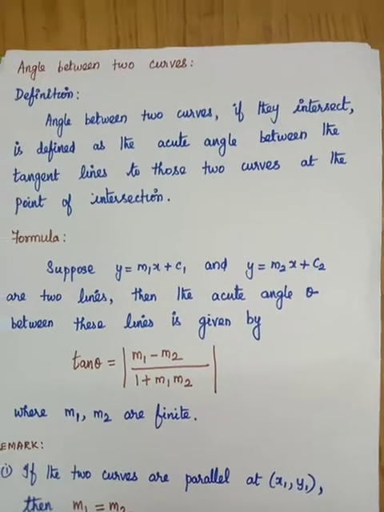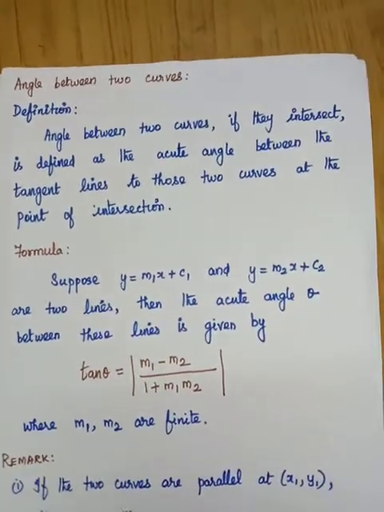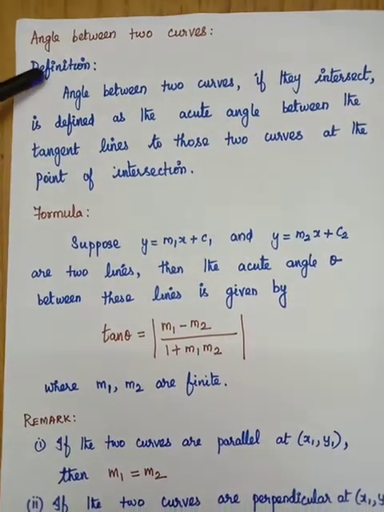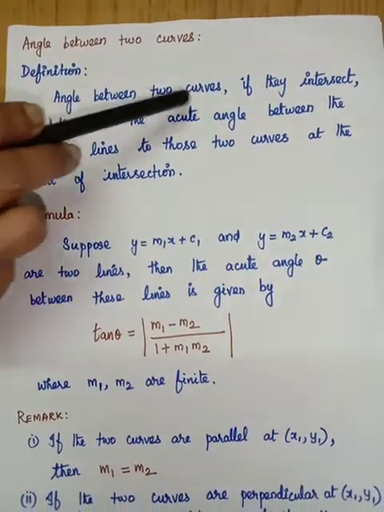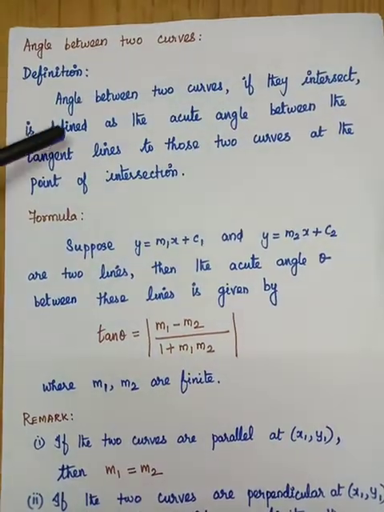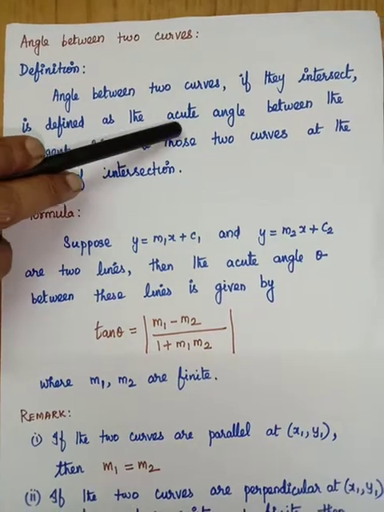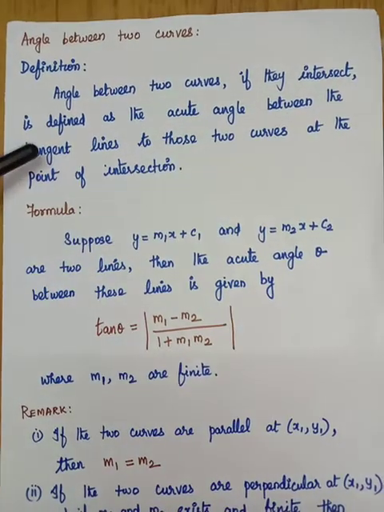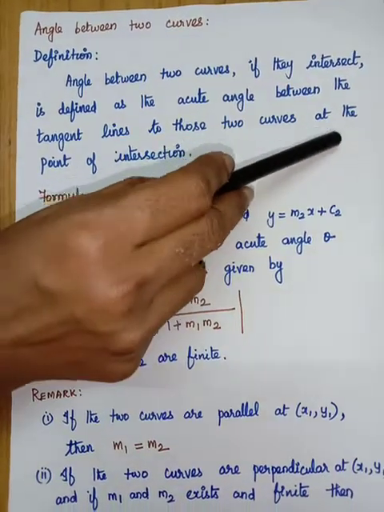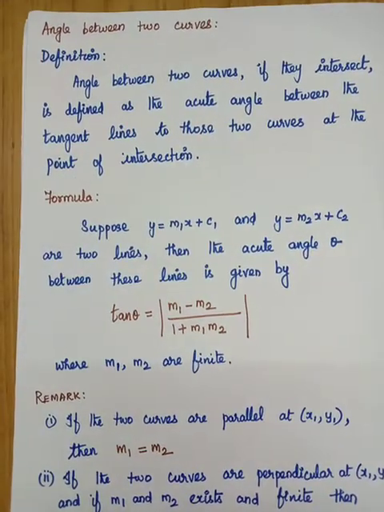Okay, come to the next topic, angle between two curves. See the definition. Angle between two curves, if they intersect, is defined as the acute angle between the tangent lines to those two curves at the point of intersection.